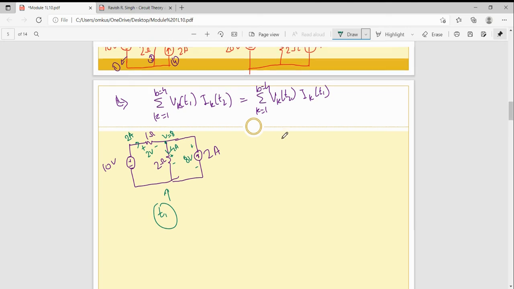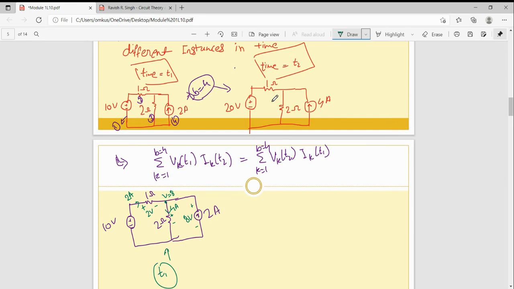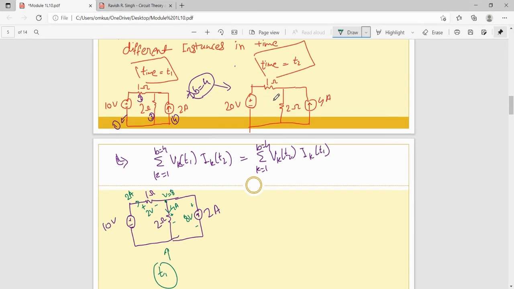Now for the second circuit, I directly write here the value of current. You will find 4 ampere here, and the voltage drop is 4 volt, and the current for this branch is 8 ampere, and the voltage for this node is 16 volt, and across this 4 ampere the voltage is 16 volt, right?